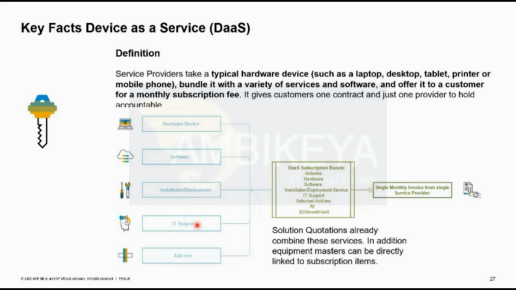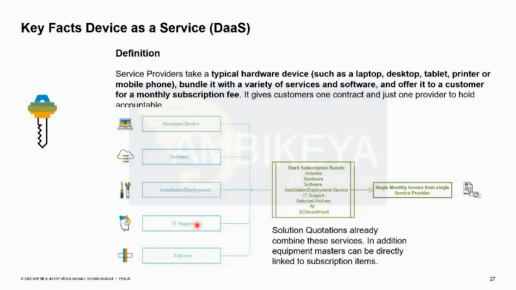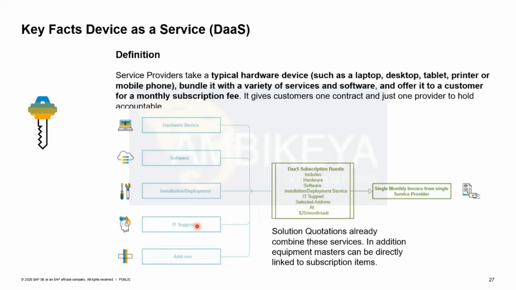So the next topic is device as a service. Device as a service is a feature which is mainly for SaaS customers, where the device comes with a subscription fee, but the customer as such needs to worry only about this one contract and its subscription, while the complete life cycle or any maintenance of the device, everything will be managed by the service provider himself.